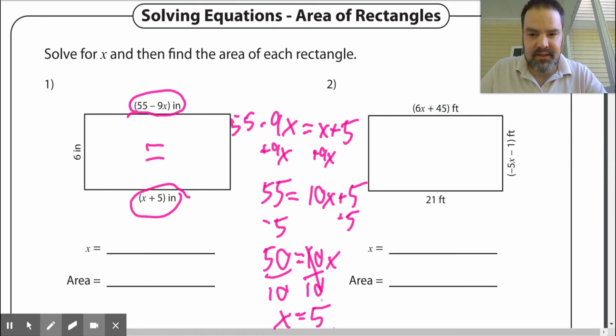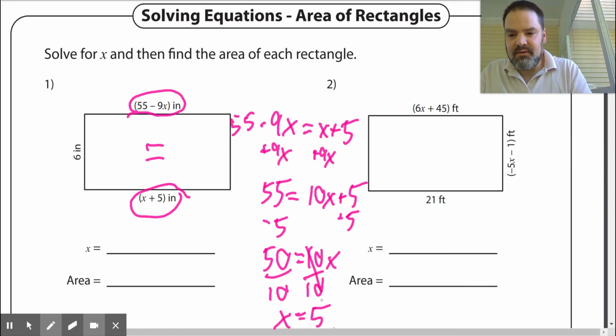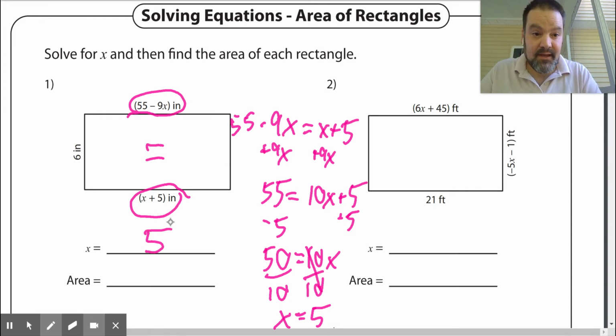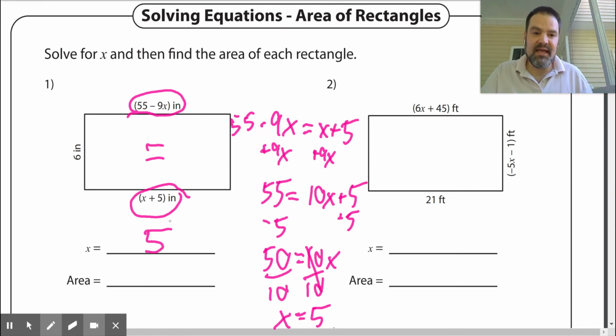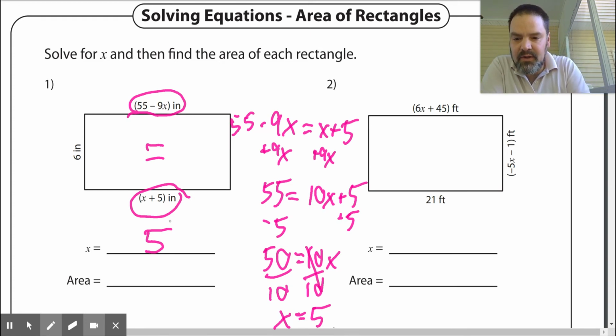Now, I'm halfway done. I did really the hard part. So x is 5. Now to find the area, you probably remember the area of a rectangle is simply its length times its width. So what is the length? Well, the length is whatever I get when I put 5 into here.